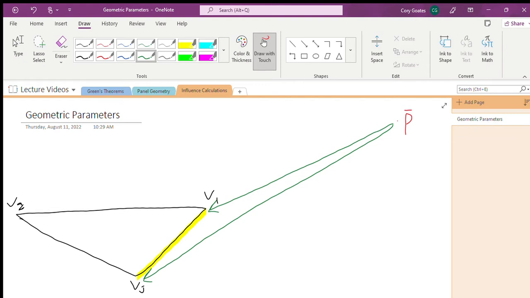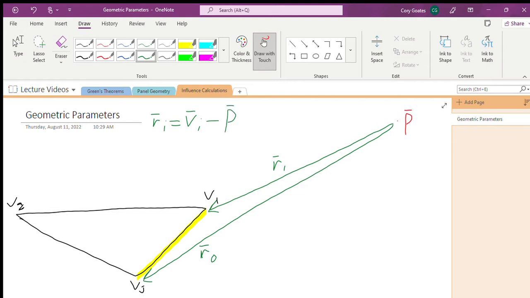When we define these, they are always going from the point in space to the panel. If we write out explicitly what these are, we call this R1 because it's tied to vertex 1. This one's R0 because it's tied to vertex 0. And we say R sub I is equal to V sub I, remember we end at the vertex, minus P.